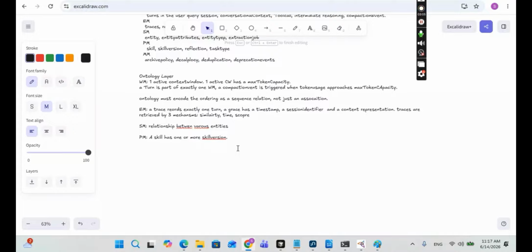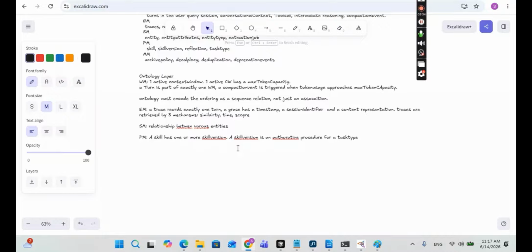A skill version is an authoritative procedure for a task type.